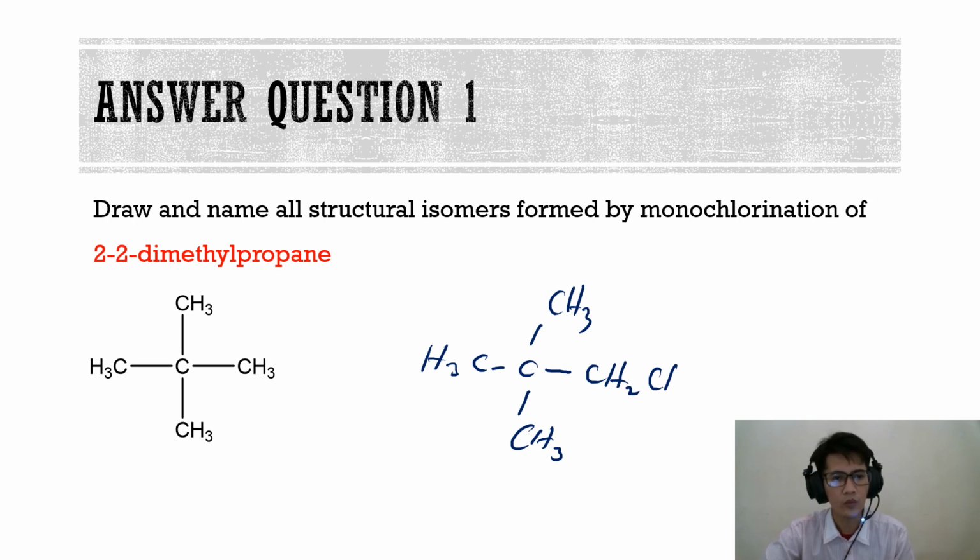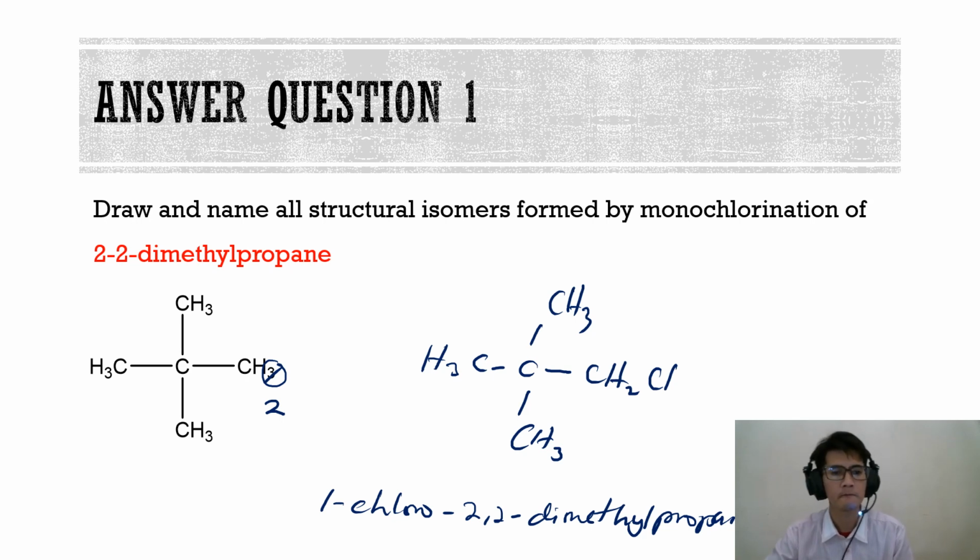We replace one of the hydrogens and we put the chlorine atom, and the name of this compound is 1-chloro-2,2-dimethylpropane.